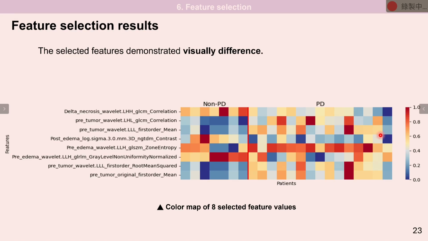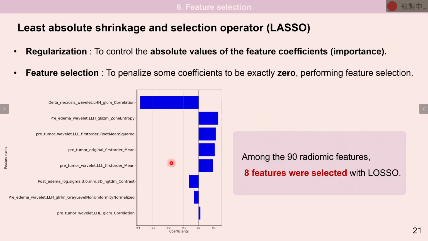Page 21. Why did you choose these 8 features? The 8 features are selected by Lasso. The number of features selected is not set by me.